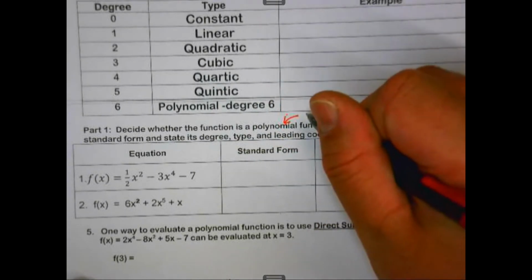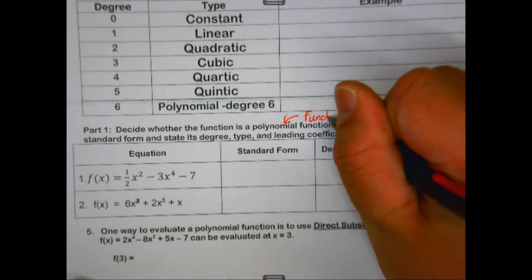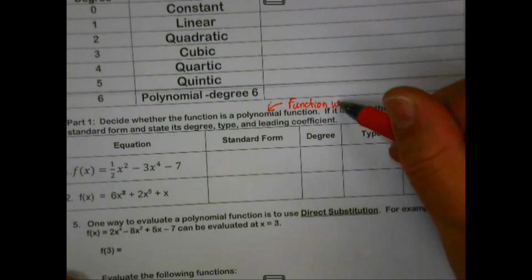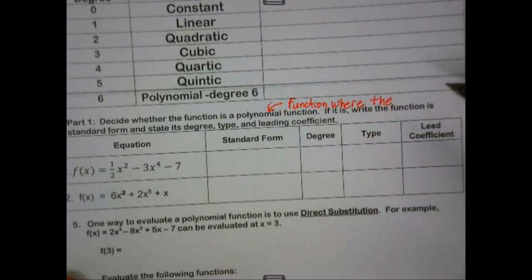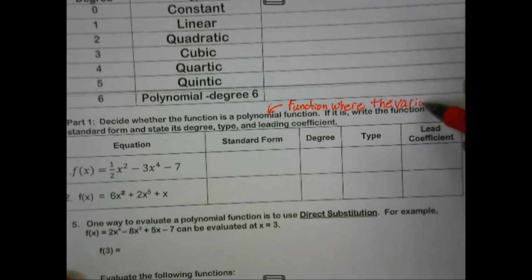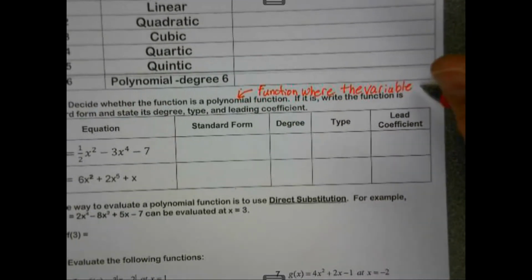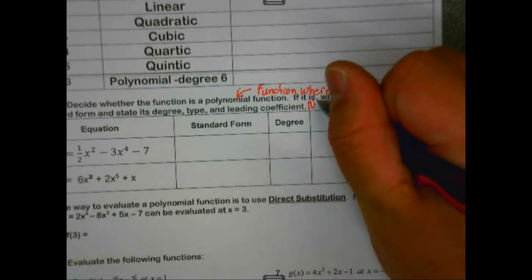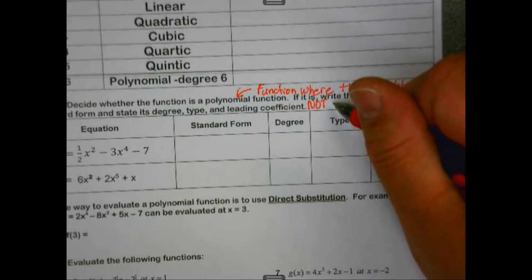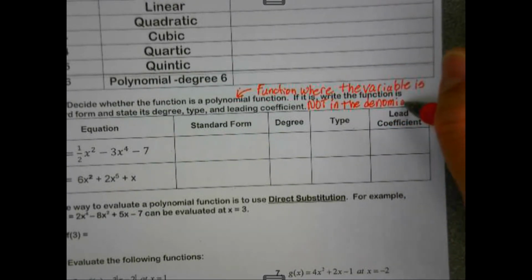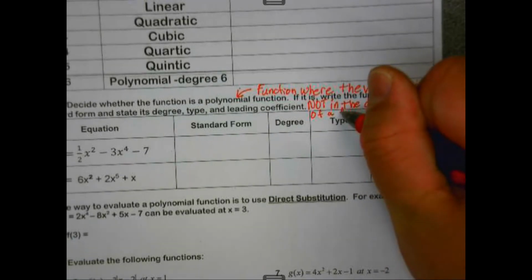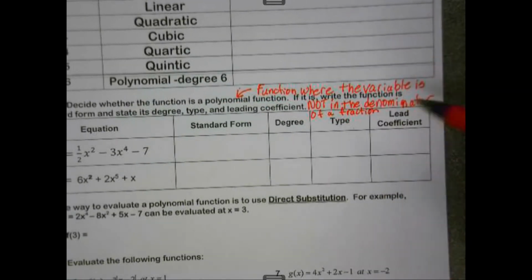A polynomial function is a function where x, or the variable, doesn't necessarily have to be x, is not in the denominator of a fraction. And I will show you an example of that when we get to it.